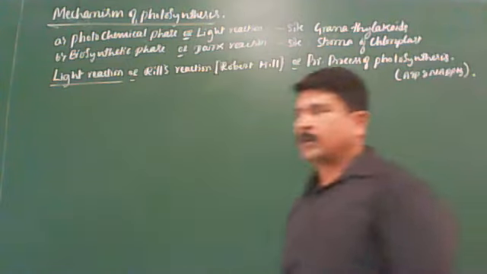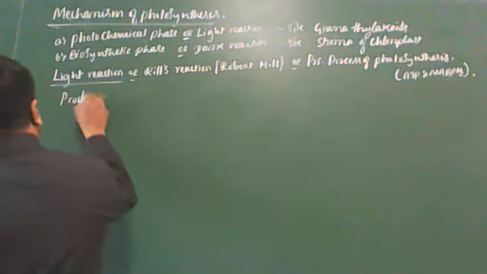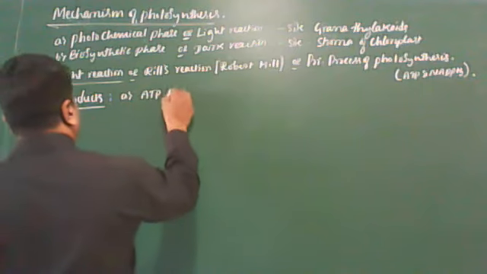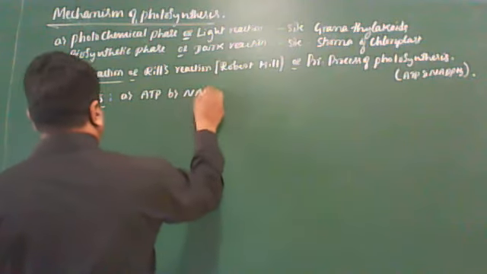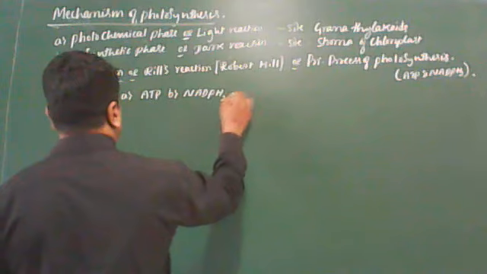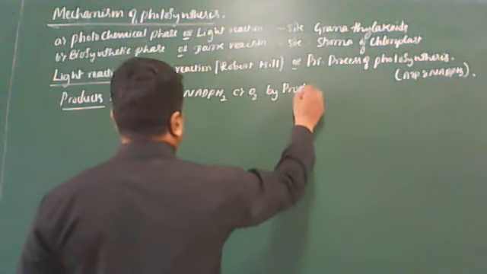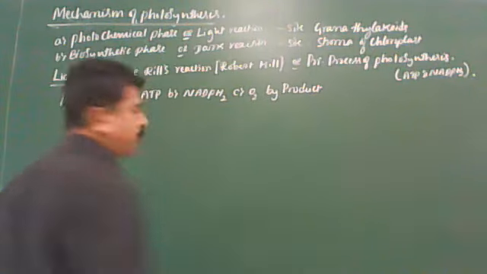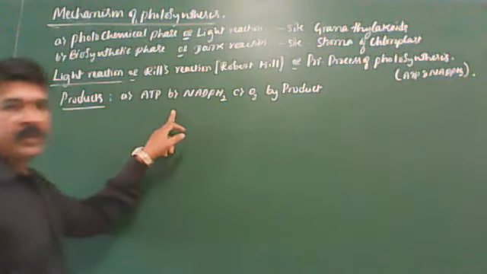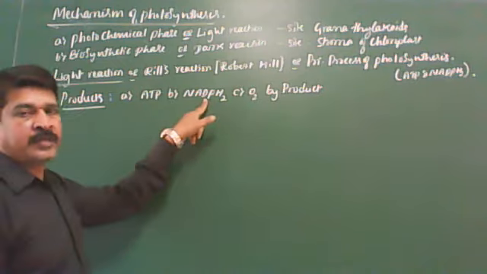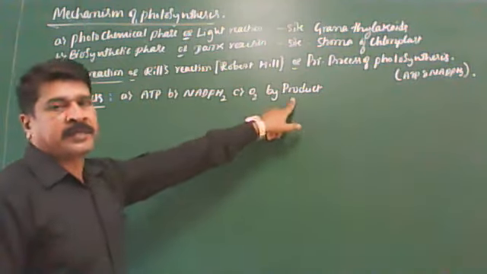Now, during light reaction, the following products are produced. The energy-rich compound ATP, the reducing agent NADPH2, and oxygen, which is formed as a byproduct.